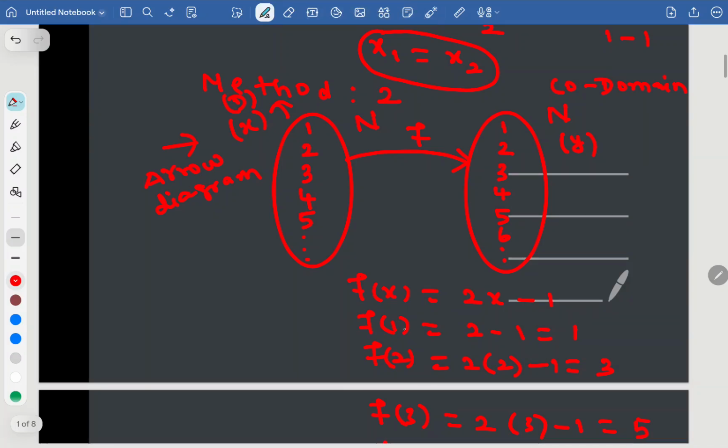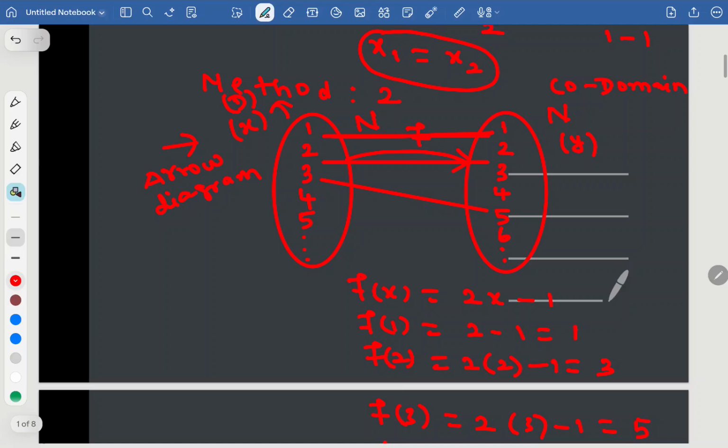For 1, what is f of 1? 1. 1 maps to 1. What is f of 2? 3. 2 maps to 3. What is f of 3? 5. 3 maps to 5.